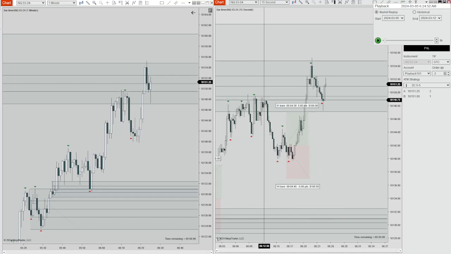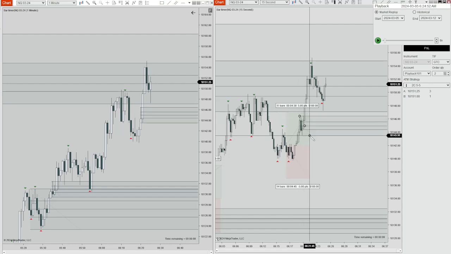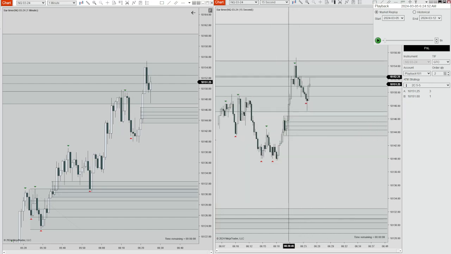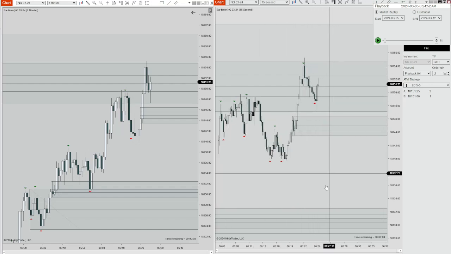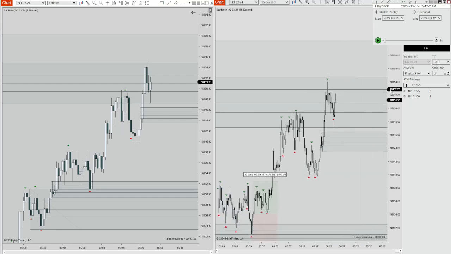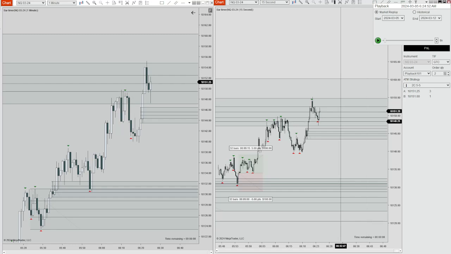So you have a zone created, and within the zone you have a SNDR here, right? With a 15-second fair value gap. 15-second fair value gap, right? Trade it back in, create a 15-second val low, right? So this potentially is a golden chicken.